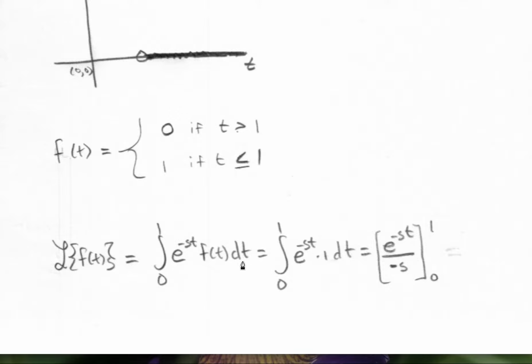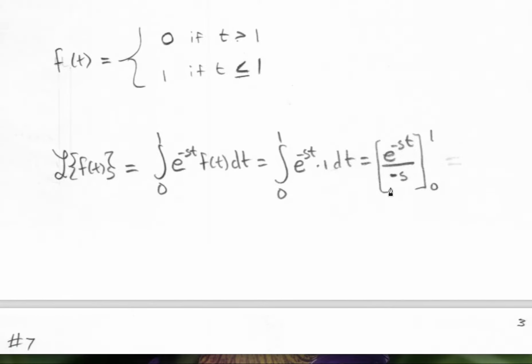So really I'm only integrating from 0 to 1, e to the minus st times f of t dt. And when I'm using the f of t function on the bounds from 0 to 1, then I'm going to use 1. So I do from 0 to 1, e to the minus st times 1 dt. And when I evaluate that, I get e to the minus st divided by negative s, evaluated from 0 to 1.